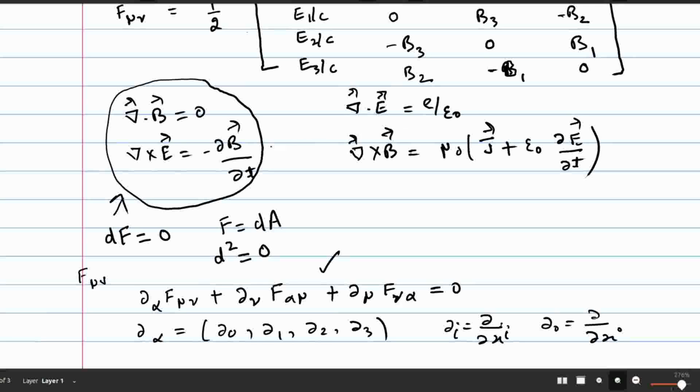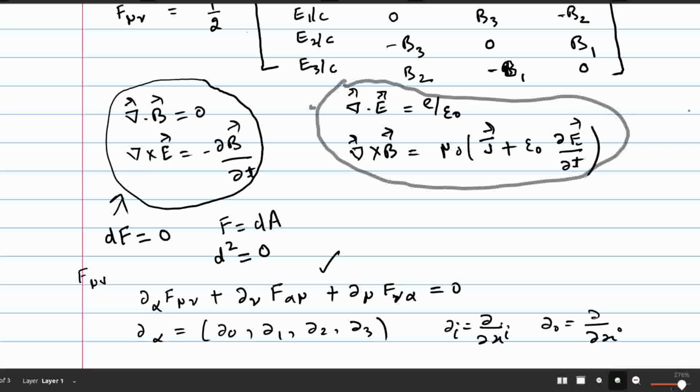The other two equations, these two equations here, if we write them in terms of differential form F, can be written like this: Hodge star of F, then differential of this Hodge star F, and again we take Hodge star of this 3 form.